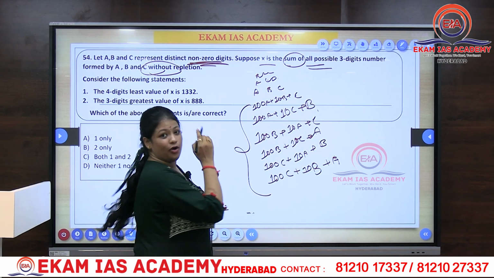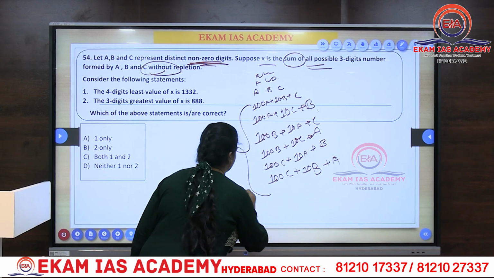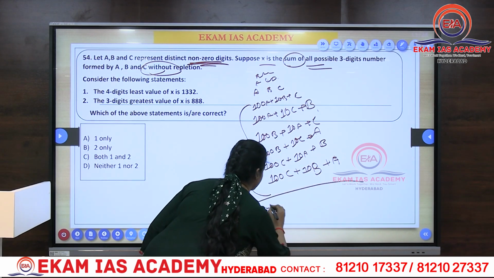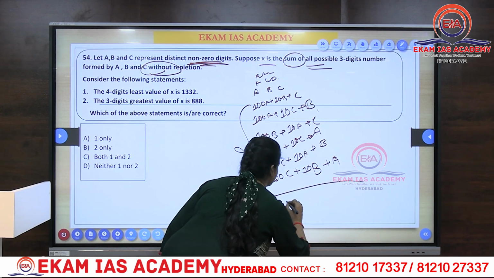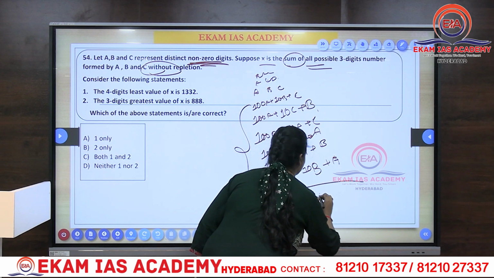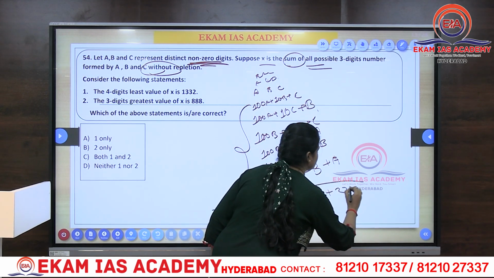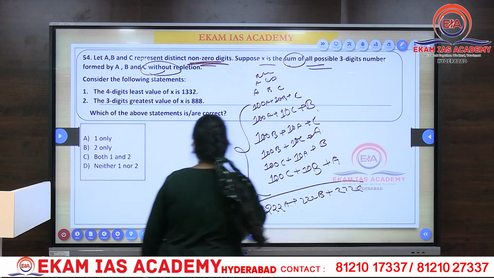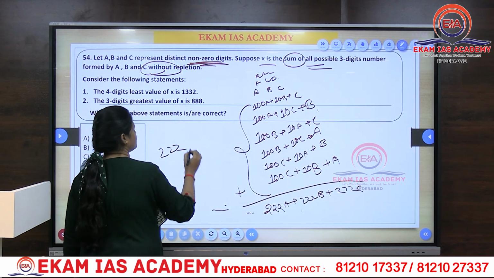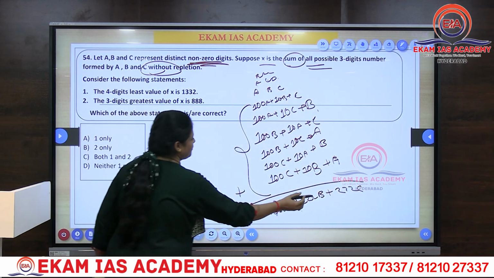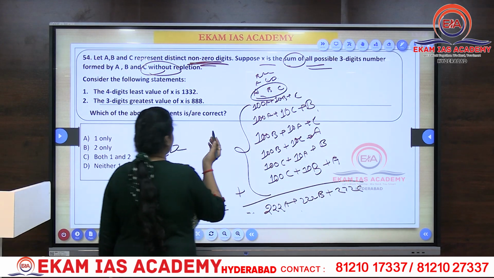Here come all the possibilities. So their sum would be 222A plus 222B plus 222C, which is 222 times (A plus B plus C). Let this sum be X.